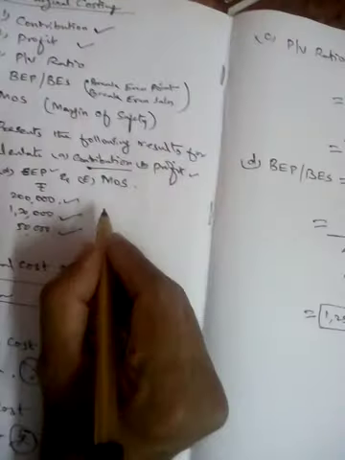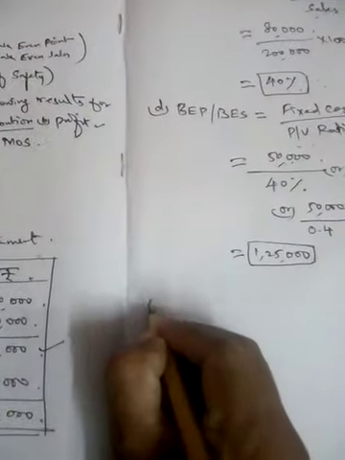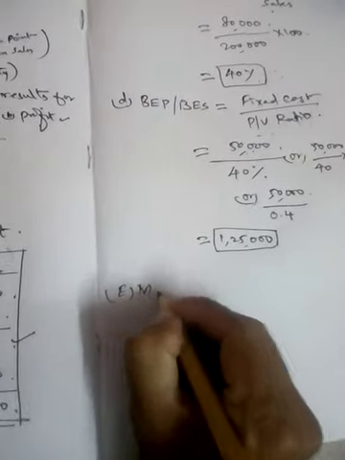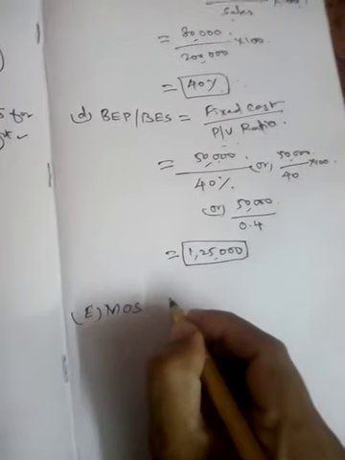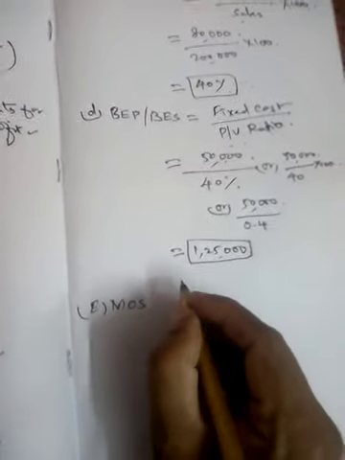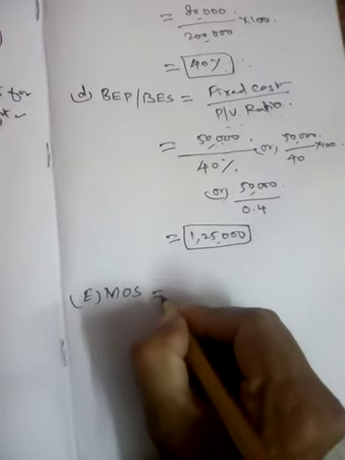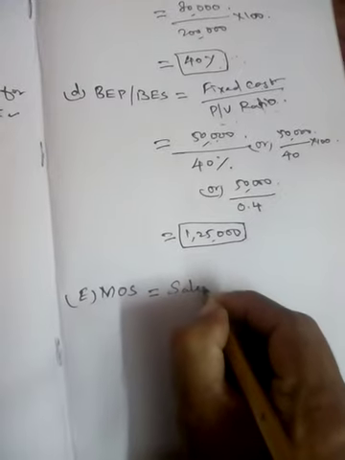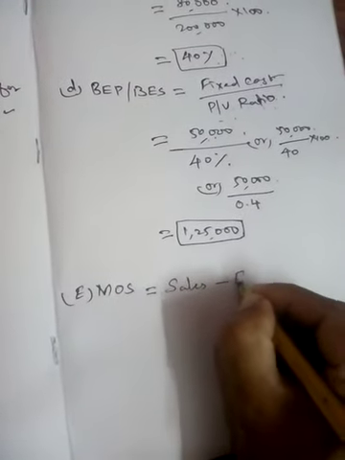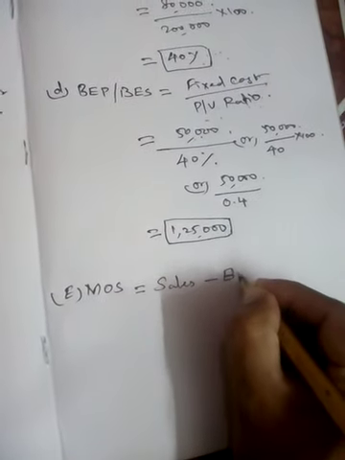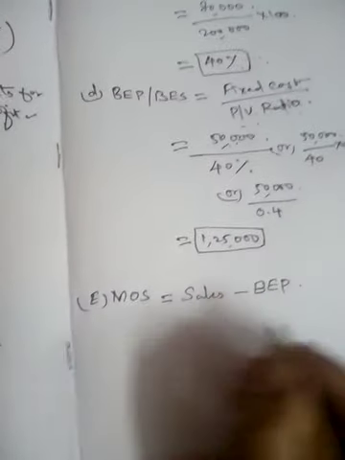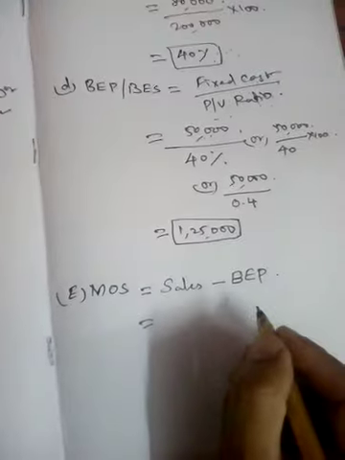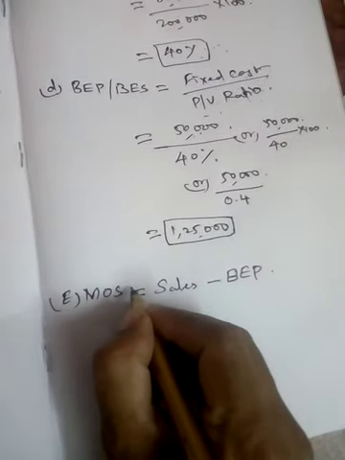Now we move on to the last answer, that is E, margin of safety. For this also you have a certain formula, that is sales minus break even point or break even sales. So this is the formula for margin of safety.